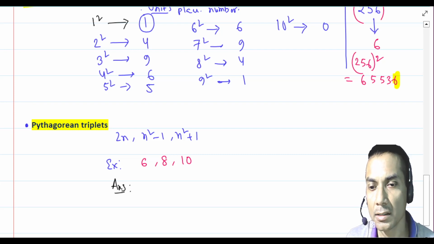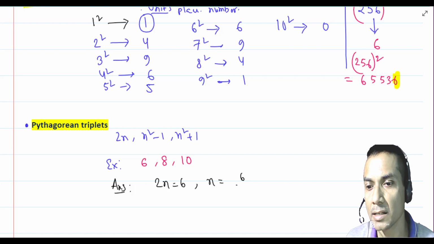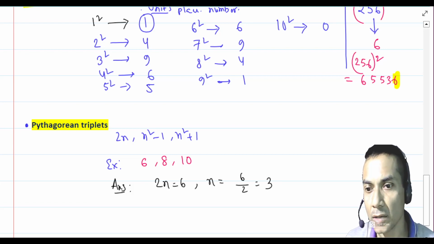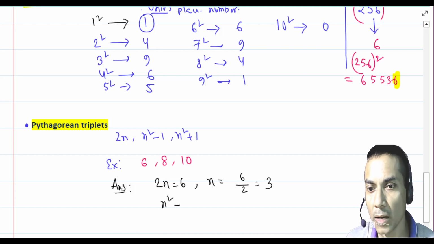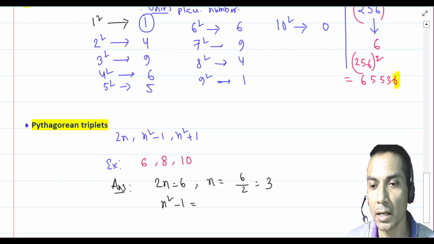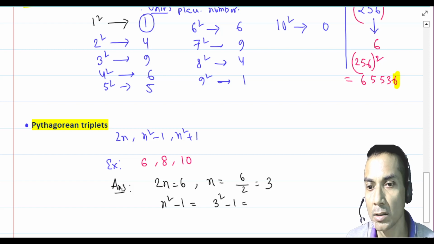How can you check this? 2n is equal to 6. So what will be the value of n? n will be 6 by 2, that is 3. Now let's check whether the next two values follow n square minus 1. Put n equal to 3: 3 square minus 1, so 9 minus 1 is 8.